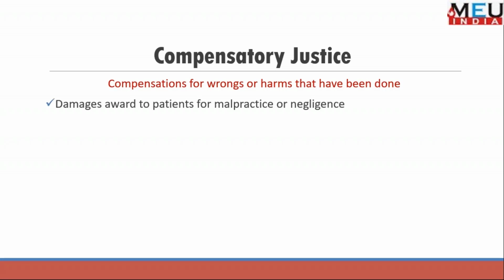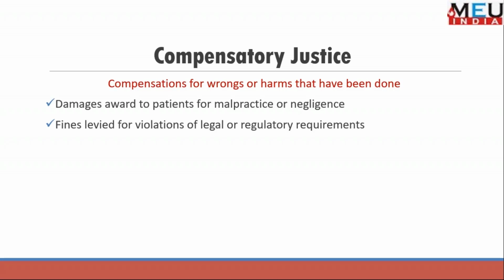Now the last one is compensatory justice, and this is very common. I think in our health profession, the most common example is compensation for wrongs or harms that have been done. One example is the damages awarded to patients for malpractice or negligence. The second one is fines levied by the higher boards or regulatory bodies.